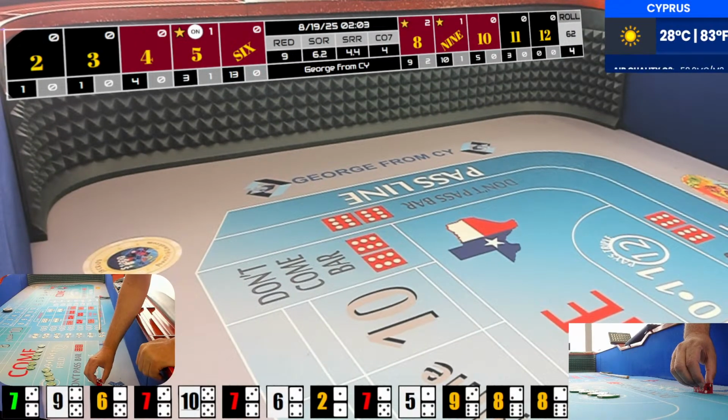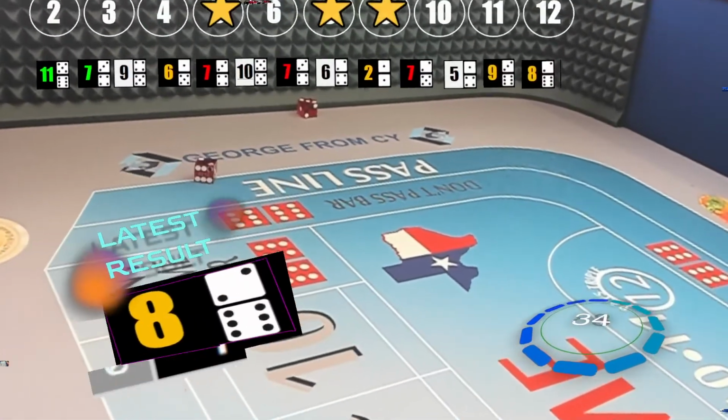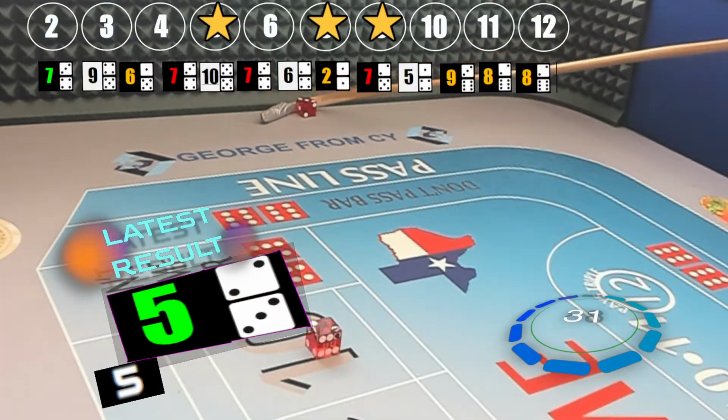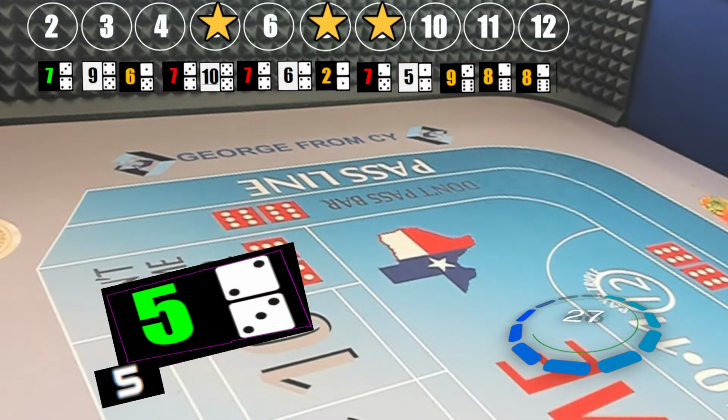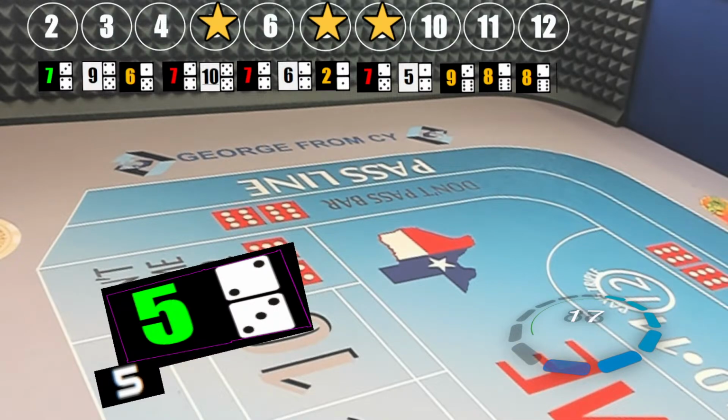6, 3, 2. Two, three, five. Front line. Six, 2, 6, 3.